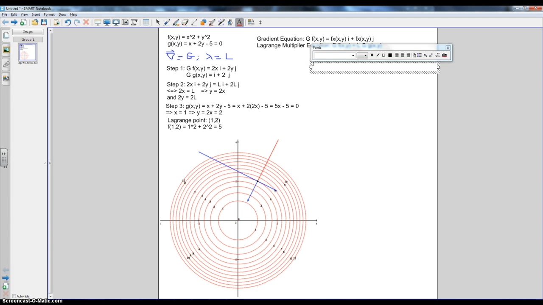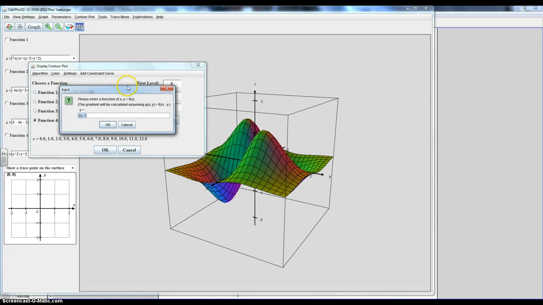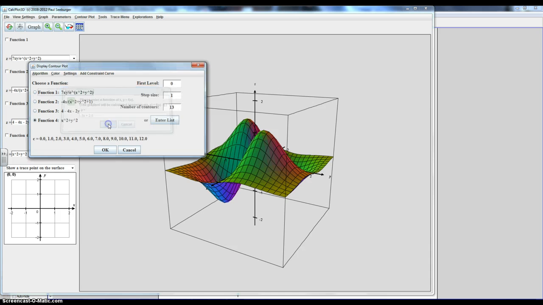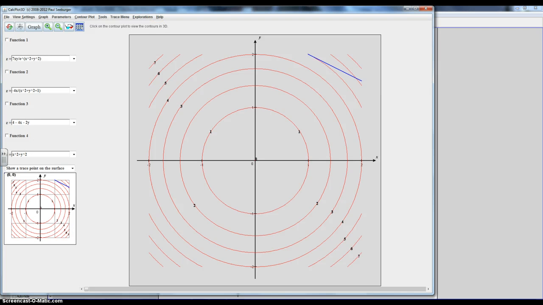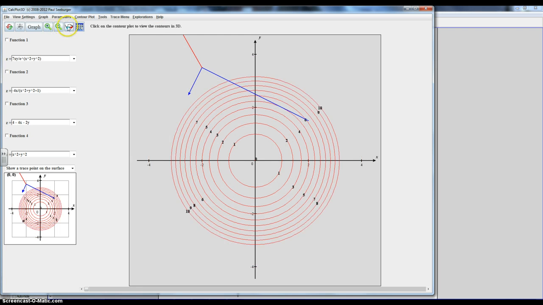Let's write here g: x plus 2y minus 5 equals 0, so y equals minus 0.5x plus 2.5, and we will use that as the constraint in the applet.